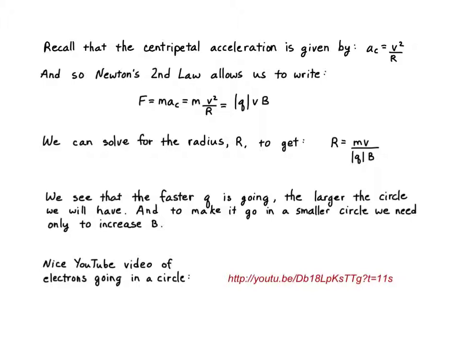Here it's glowing because it's ionizing helium, so we can see the motion of the electrons. And as the B field is increased, the electrons start making a circular arc, and as it increases even more, that circular arc eventually becomes a full circle. This is a pretty cool video of what we've been talking about.